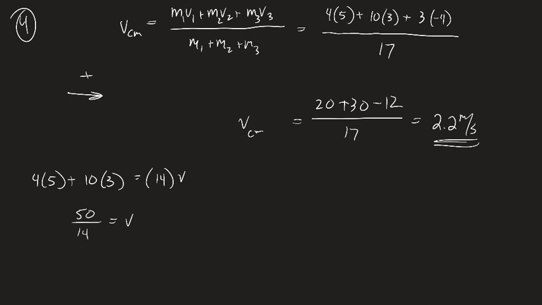That is the new velocity. Now, to find the velocity of center of mass, it's now just 2 cars. 14 times whatever 50 over 14 is, minus 12 over 17. And obviously that's still going to be 2.2 meters per second.